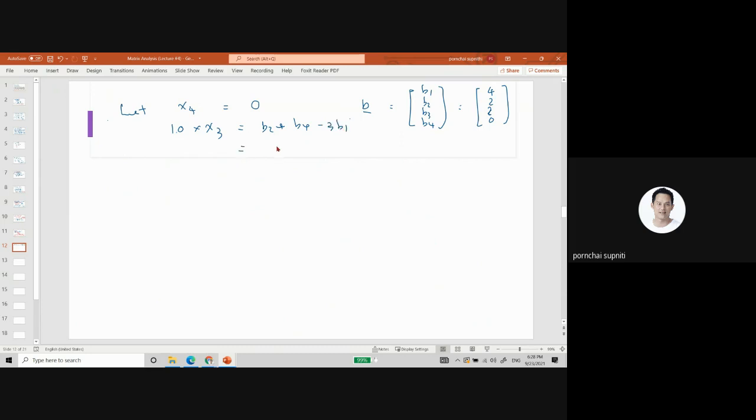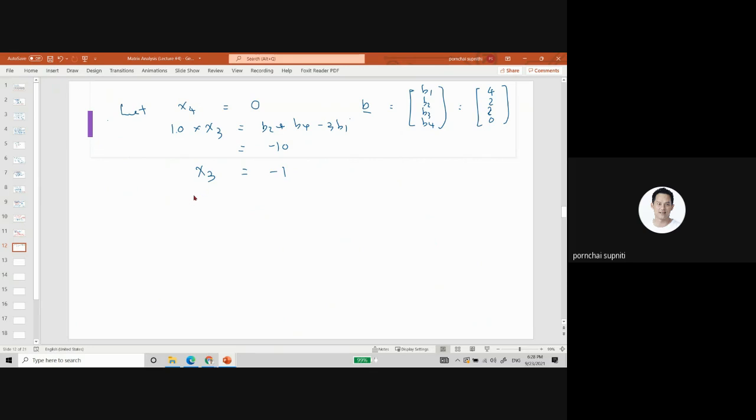This will be equal to 2 minus 12, which is minus 10, right? So here we have x3 is therefore minus 1.